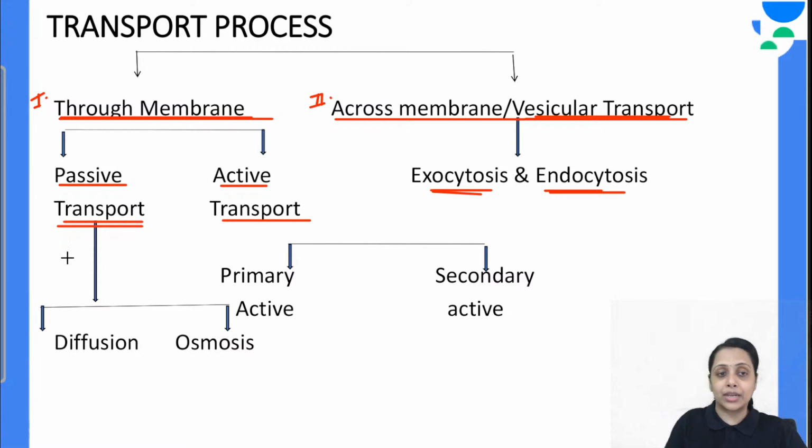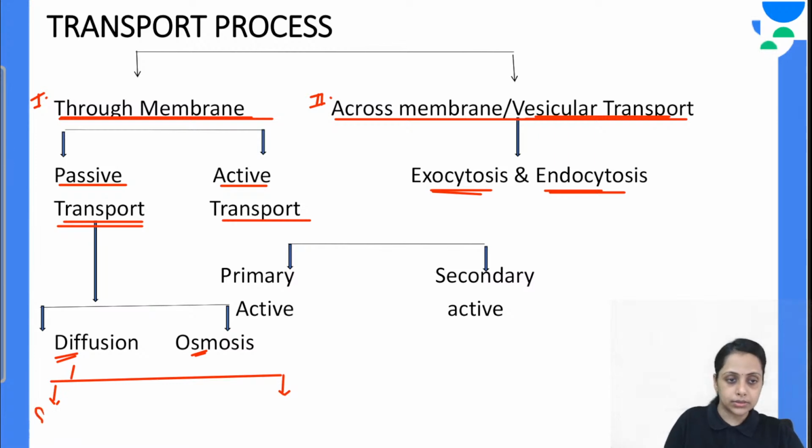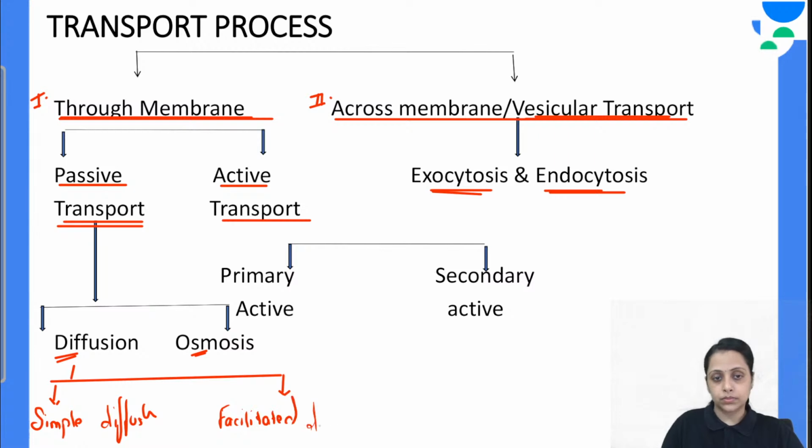Passive transport can be via diffusion or osmosis. Diffusion can be either simple diffusion or facilitated diffusion. Next is active transport, which requires ATP, and can be either primary active transport or secondary active transport. Now moving to each part in detail.